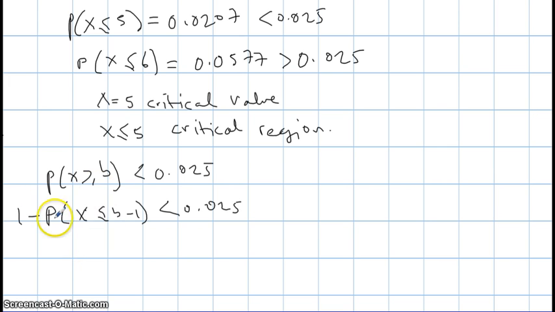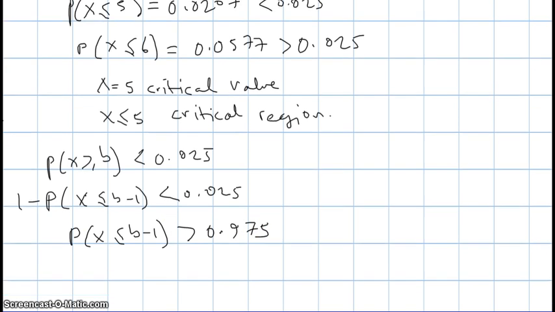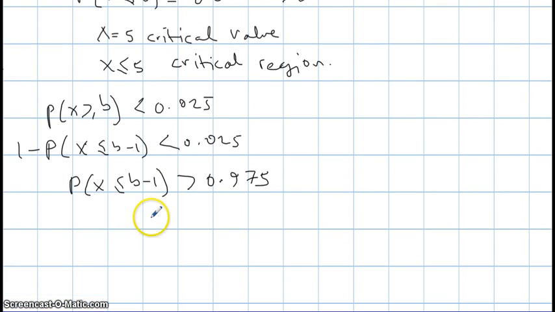If we rearrange this, we get the probability x is less than or equal to b minus 1 is greater than 0.975. From the tables, 0.975 lies between 13 and 14.